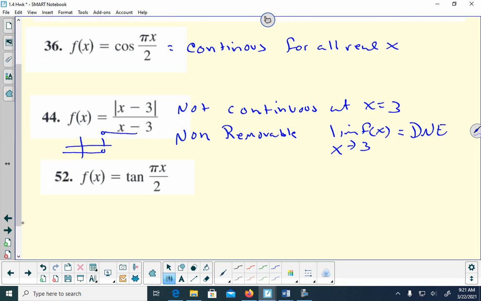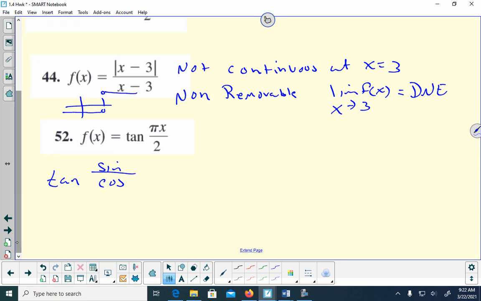The next one, tangent. The pi over 2 is just throwing you off, because pi over 2 is continuous everywhere, but the tangent function is not continuous everywhere, because tangent, remember, is sine over cosine. So your tangent is not going to be continuous when your cosine is equal to 0. This is going to be the sine of pi over 2 times x over the cosine of pi over 2 times x.